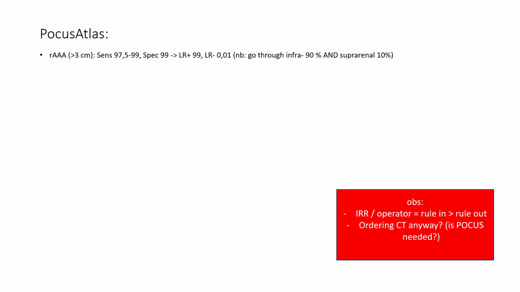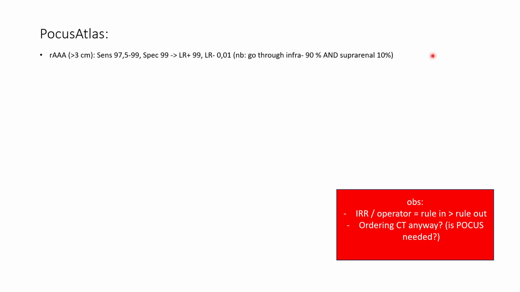All right. So for aortic aneurysm of more than 3 centimeters on the ultrasound, it has a sensitivity of 97.5 to 99% with a specificity of 99. It translates to a really good likelihood ratio. However, as we usually educate, 90% of the aortic aneurysms are infrarenal, but 10% are suprarenal.